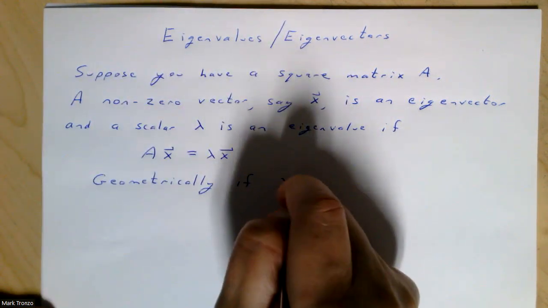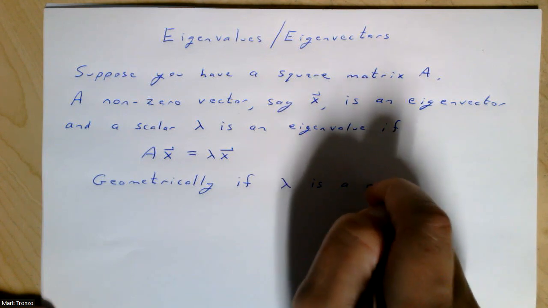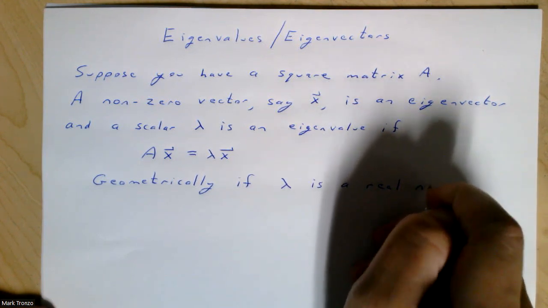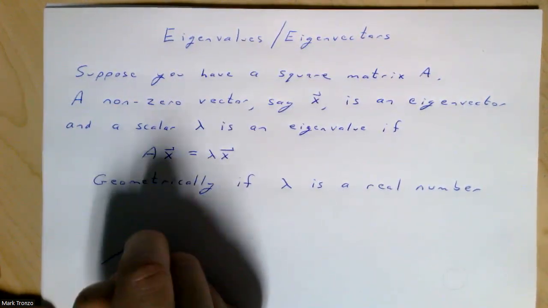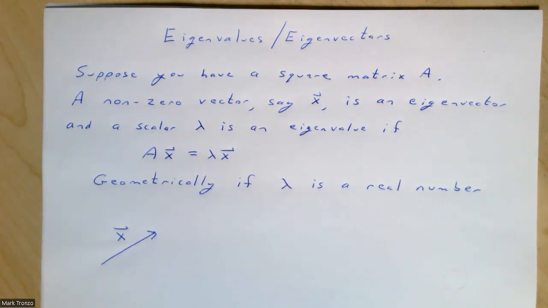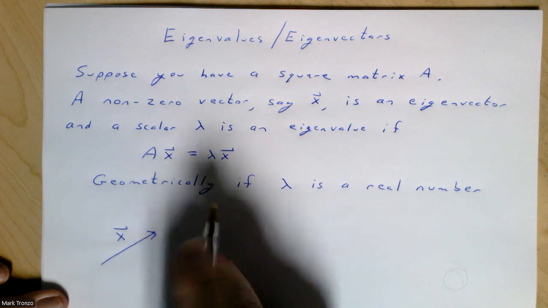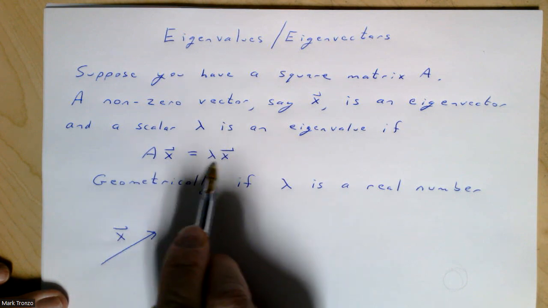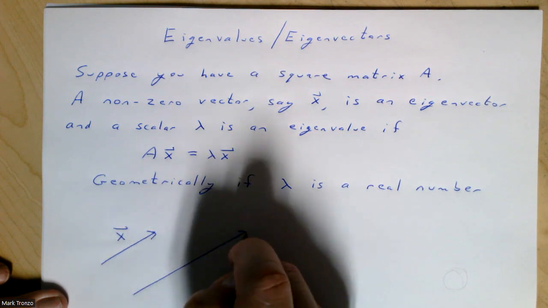Let's say lambda is a real number, and let's say you have the vector x. What this does is stretch or shrink the vector, though it keeps it in the same direction.